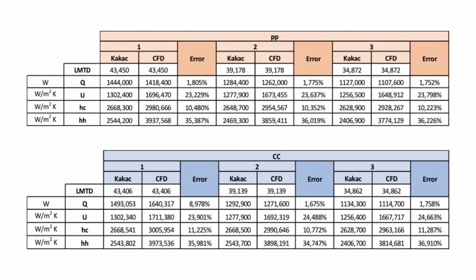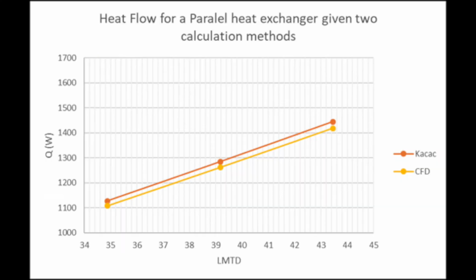While this indicates that large differences in hot and cold heat transfer coefficients play very significant roles in some calculation results, the CACAC method can still present very low errors in the heat flow obtained for each case. To better understand our results, a graph that compares CACAC and CFD results for heat flows obtained at multiple values of LMTD was made.